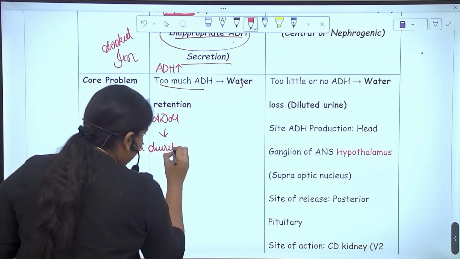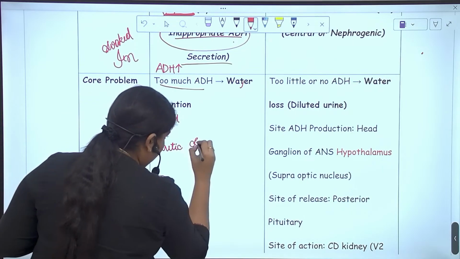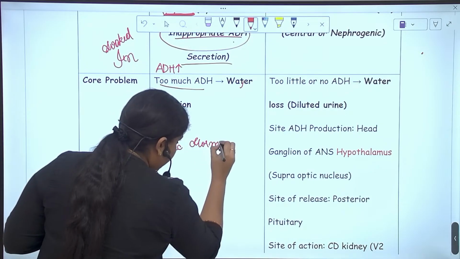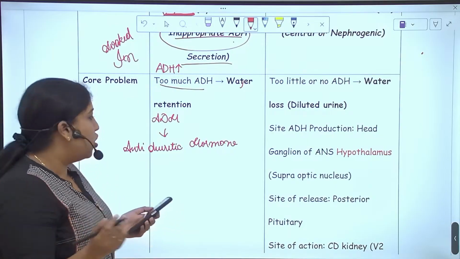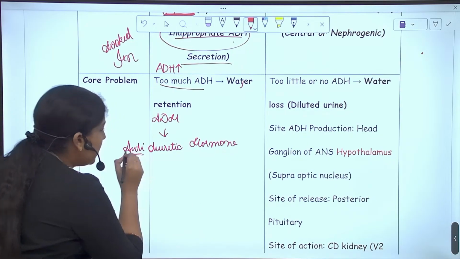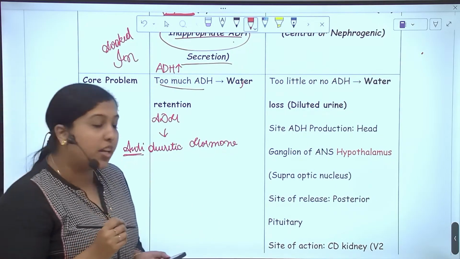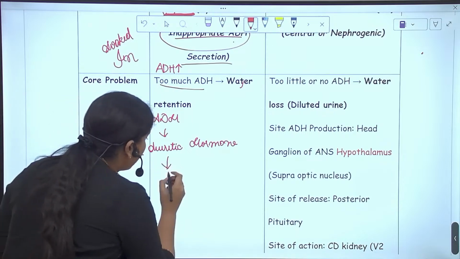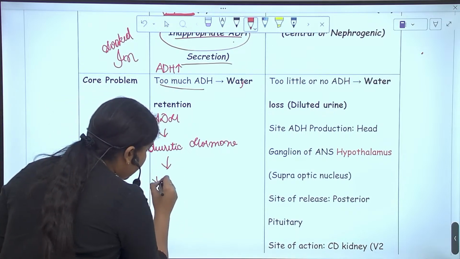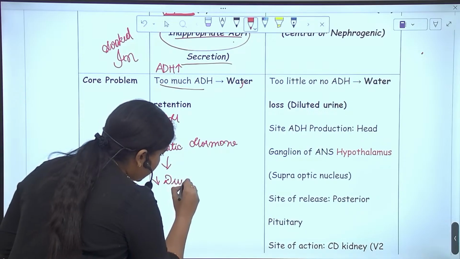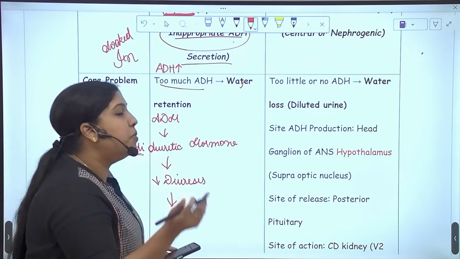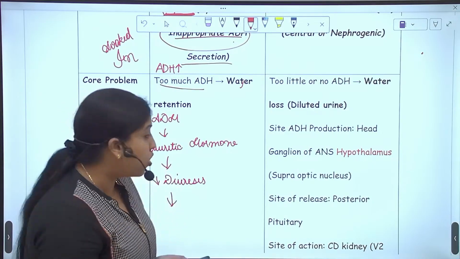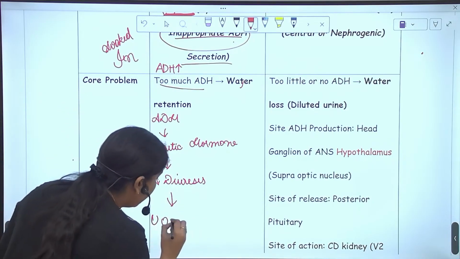What is meant by diuresis? Diuresis means increased production of urine. Since the word anti is there, it is decreasing the diuresis. So ultimately, what will be the urine output? The urine output will obviously be reduced.